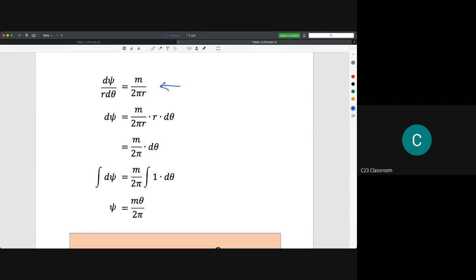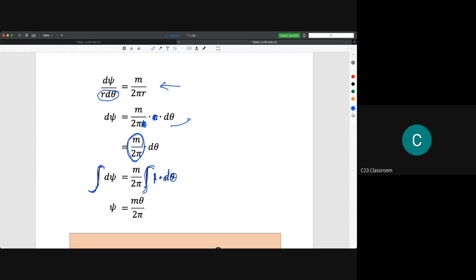So and then we bring the r d theta to the right hand side here. So and then after we simplify, we cancel the value of r here, and then we integrate both sides. Okay, because we don't have any terms of theta here, it means that we are integrating 1 times d theta. So 1 times d theta.